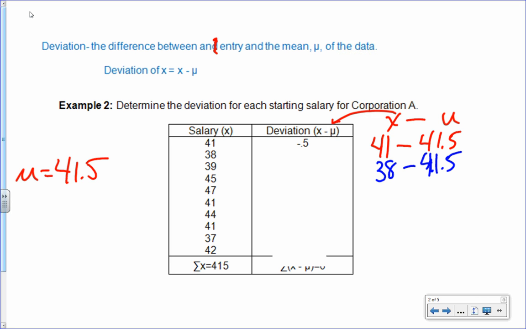And I'm guessing we can all handle this calculation, right? So let's just show you the answers. No need to hide it anymore.